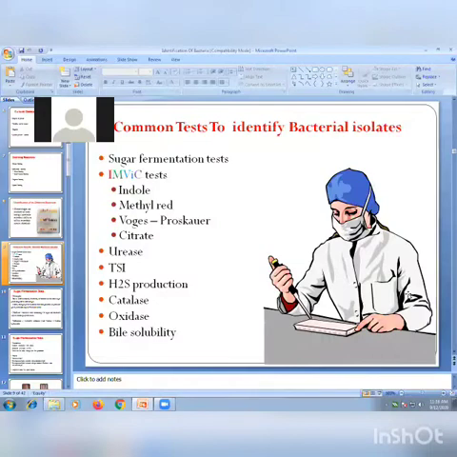Then urease test, TSI, hydrogen sulfide production, catalase, oxidase test, bile solubility test. These we apply frequently for each and every bacterium, and whenever necessary for a particular bacterium, other tests are also used for identification. We'll see them one by one.